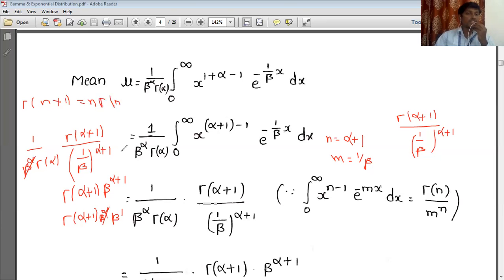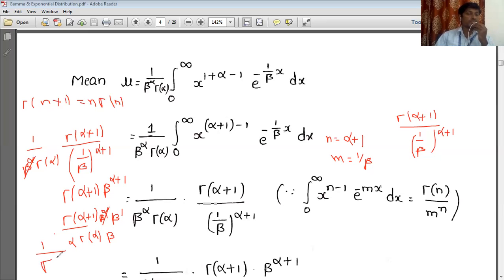So by using that, in place of gamma alpha plus 1, what we can write, in place of n what we have, alpha. So for that, alpha into gamma alpha into beta. So this one we are writing. And is there any cancellation? So here already what we have, 1 by gamma alpha.